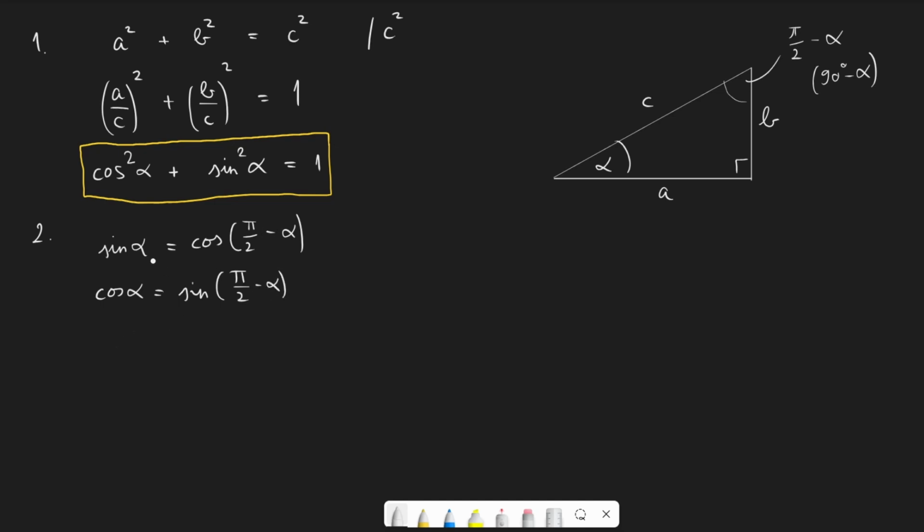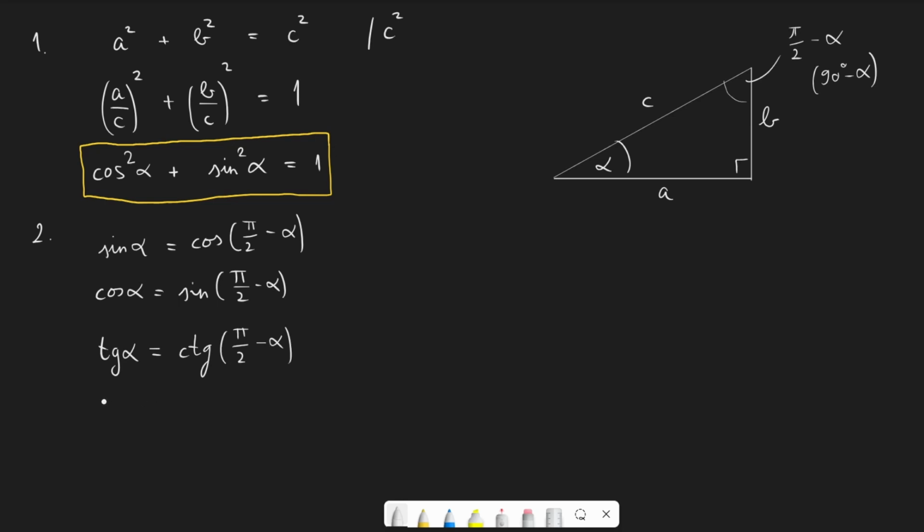And if we divide sine of alpha by cosine of alpha, then we get tangent of alpha, and we will get cosine of the complement angle divided by the sine of the complement angle, which is the cotangent of the complement angle.